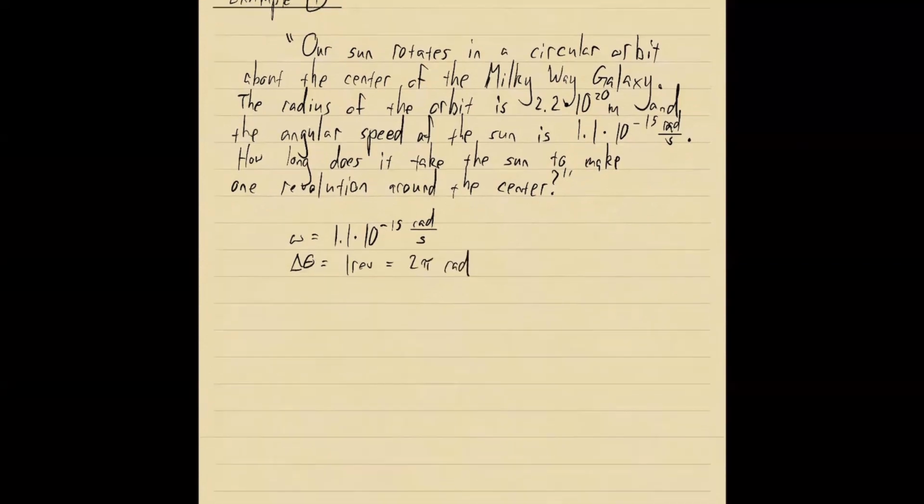Now looking at the definition for our average angular velocity, it's equal to our angular displacement divided by the elapsed time.